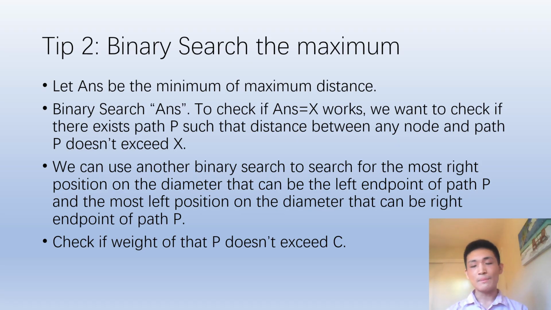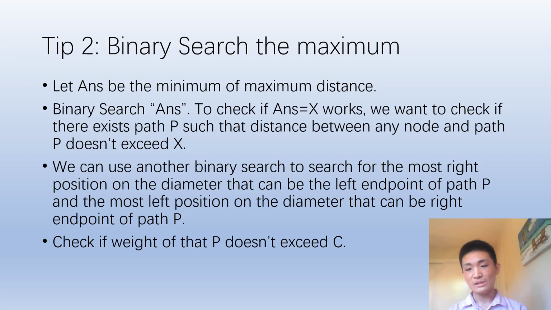So we can use another binary search to find the rightmost position on the diameter that can be the left endpoint of path P, and the leftmost position on the diameter that can be the right endpoint of path P. This means that if we move the left endpoint of path P to the right, the answer will increase. Likewise, if we move the right endpoint of path P to the left, the answer will also only increase.